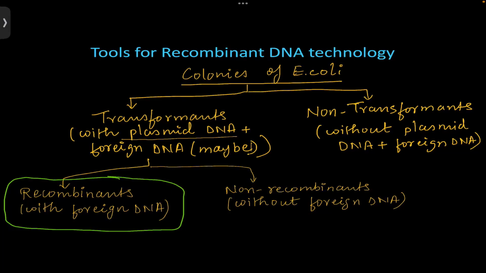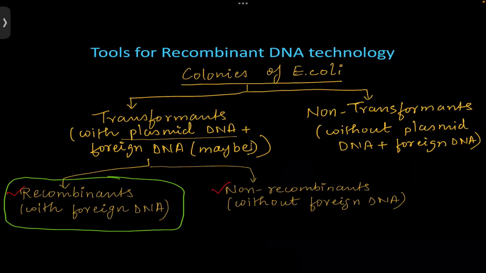Now, among the transformants, it is possible that due to human error, some of the transformants do not have the inserted foreign gene in the tetracycline resistance gene sequence, and some may have this gene. Because of this, you can divide the group of cells into recombinants and non-recombinants. So human errors you have to take into account while doing this kind of experiment.